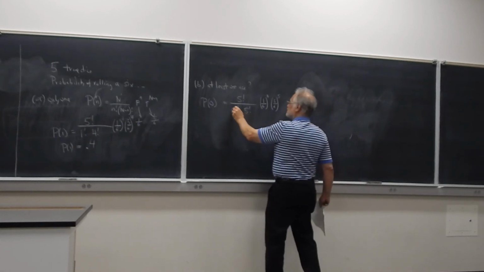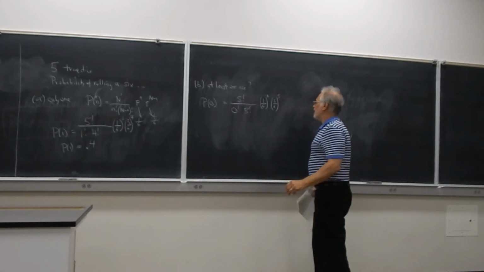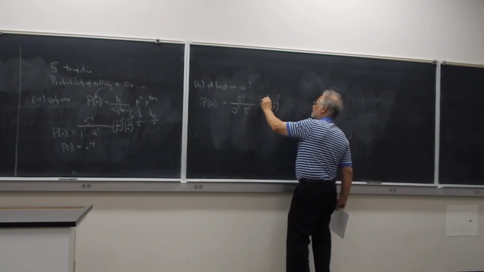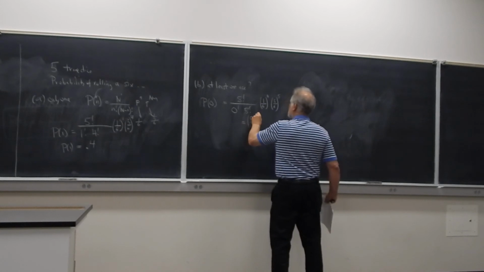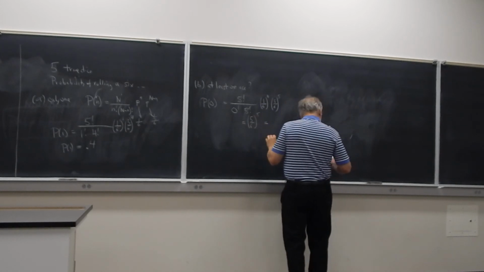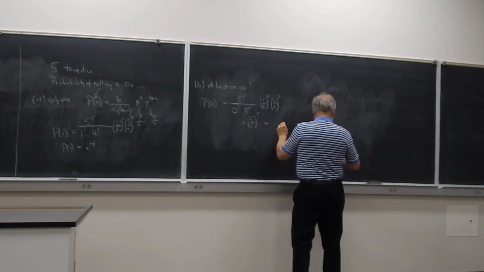Notice 0 factorial is 1, 5 factorial cancels with 5 factorial, 1/6 to the 0 power is 1, therefore the answer is going to be 5/6 to the 5th power, or that will be 0.4.